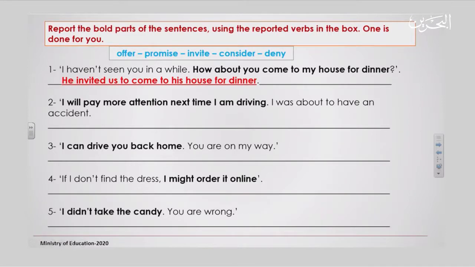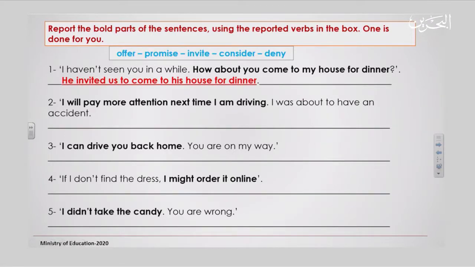Here is a practice for you. The question said, report the bold parts of the sentences using the reported verbs in the box. Number one is done for you. So you have a list of verbs in the box. I want you to report the bold parts of the sentences using the verbs. For example, number one, I haven't seen you in a while.